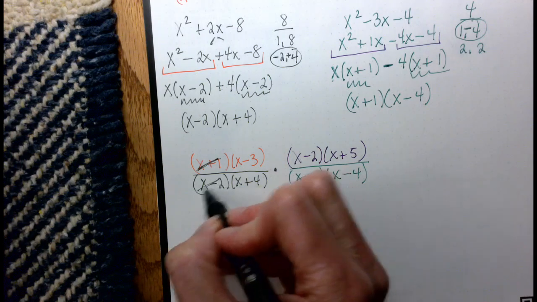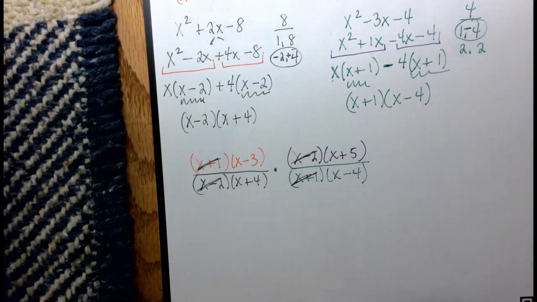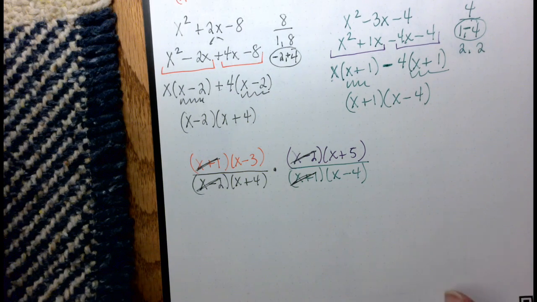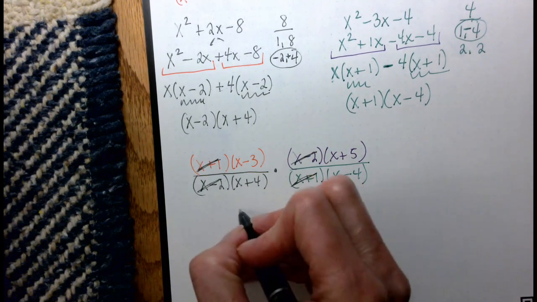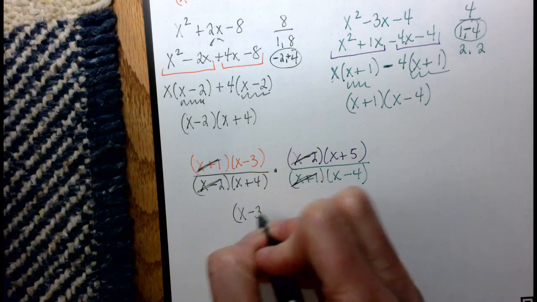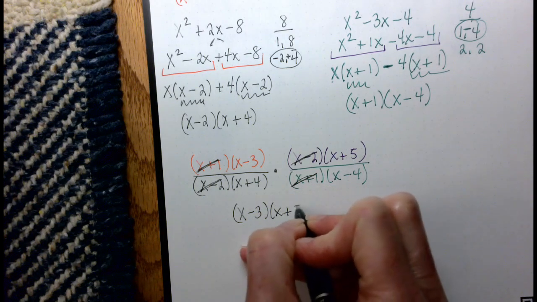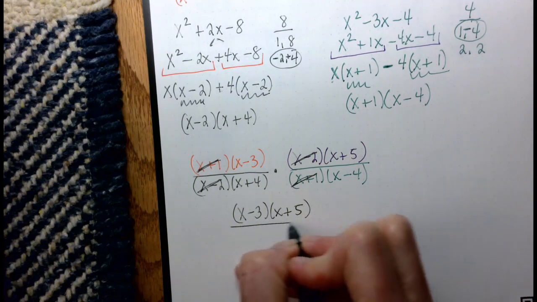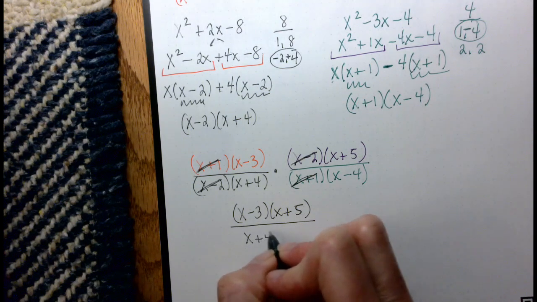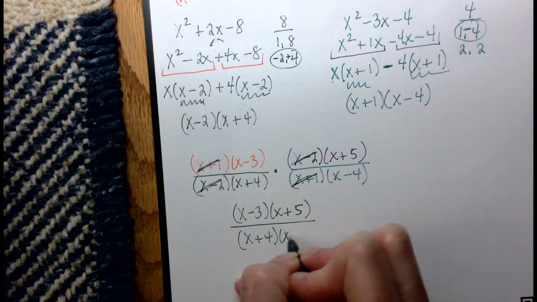We've got an x minus 2 on the bottom and an x minus 2 on the top. And I do not see anything else that's exactly the same on the top and the bottom of the fraction. So what we're left with is x minus 3 times x plus 5 divided by x plus 4 times x minus 4.